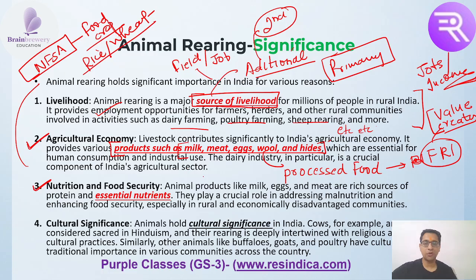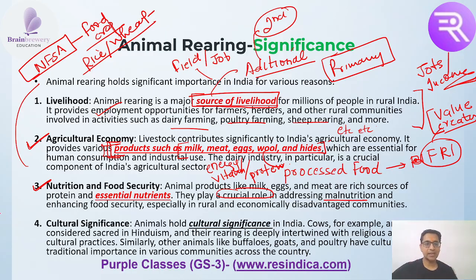These are sources of energy, vitamins, and proteins. With the rearing of these animals, we are playing a very important and crucial role in addressing malnutrition and undernutrition. So this is helping us in nutrition balance in our whole society.